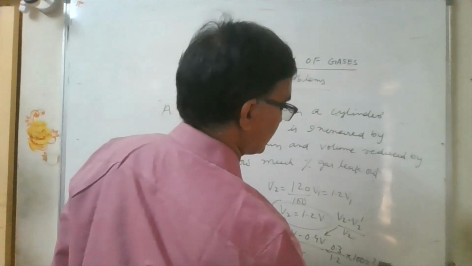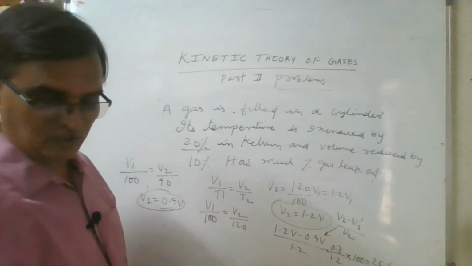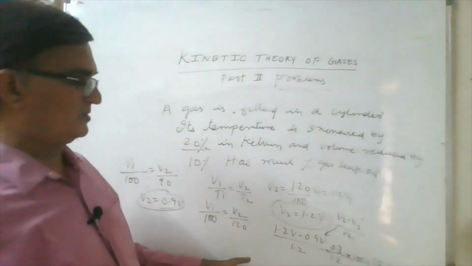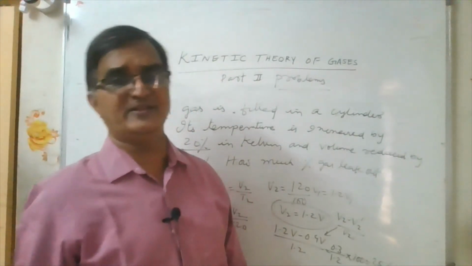So you will get 25%. So 25% of the gas will be leaked out. Okay. These are the problems in kinetic theory of gases. Thank you.